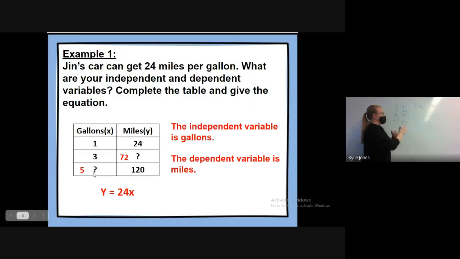So our x value is 1, our y value is 24. You would go over to the right 1, up 24 on your coordinate plane. The next one, you would go over 3, up 72. The next one, over 5, up 120. You take your x value, it's the first number in your ordered pair. Your y value is the second number in your ordered pair.